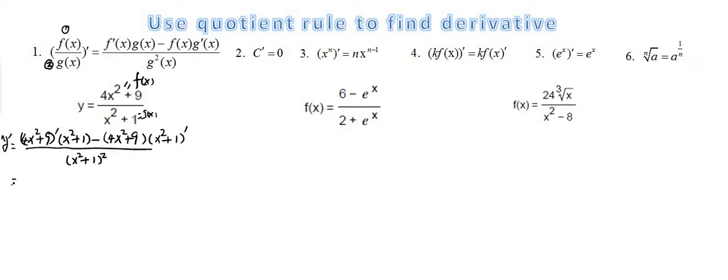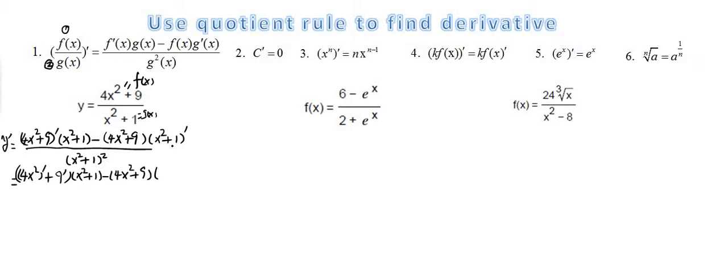Now for the first term here, we can apply the sum rule. The derivative of these two terms is going to be the derivative of each term. So that will be (4x squared) prime plus (9) prime, and we multiply by x squared plus 1, minus 4x squared plus 9.